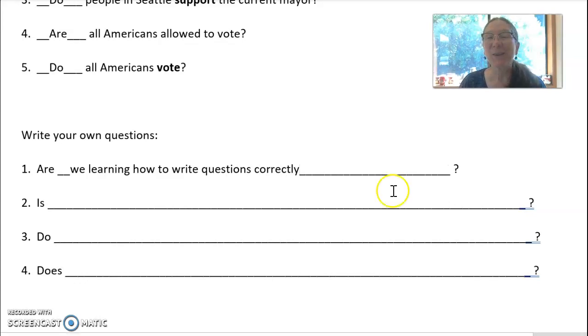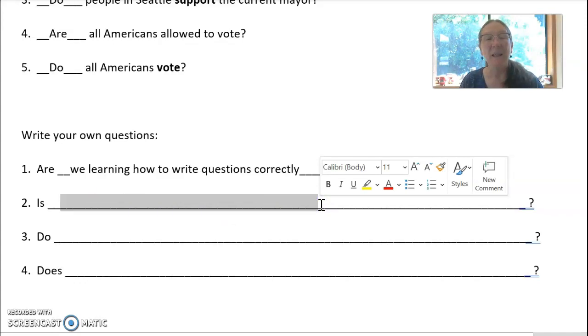Okay, that's my question. Are we learning how to write questions correctly? All right, learning is, do you know what that is? That's the progressive tense, right? The continuous or progressive tense. We are learning how to write questions correctly is the answer. Yes, we are.